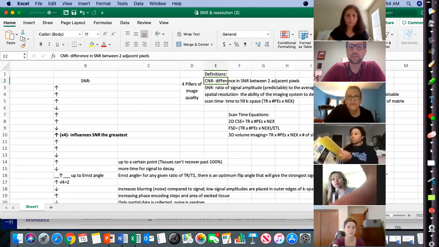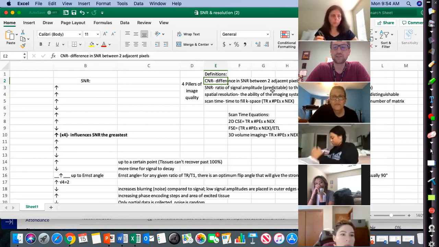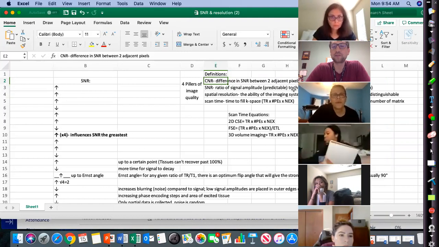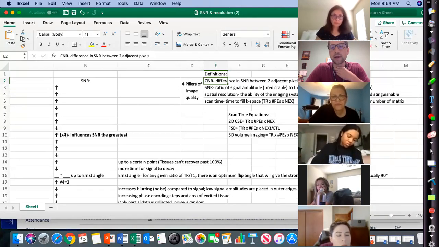So by definition with signal, it's the ratio of signal amplitude, which is predictable because we can change that up and down by adjusting our voxel size and some other parameters, to the average amplitude of noise. And noise is going to be random. Where does noise in your image come from?